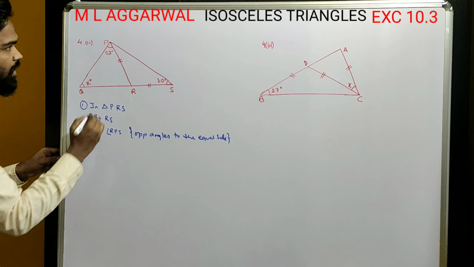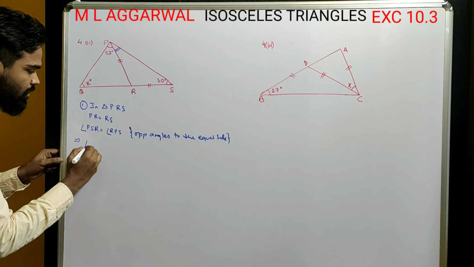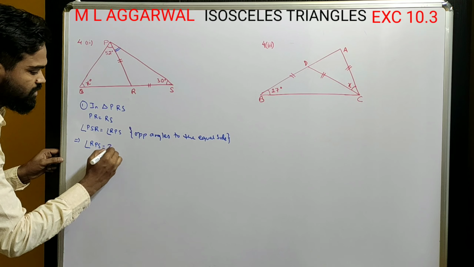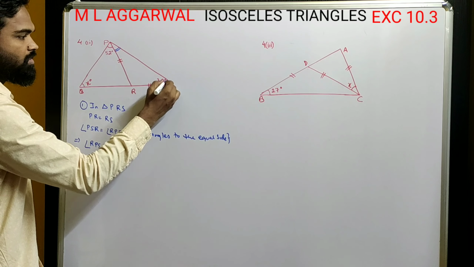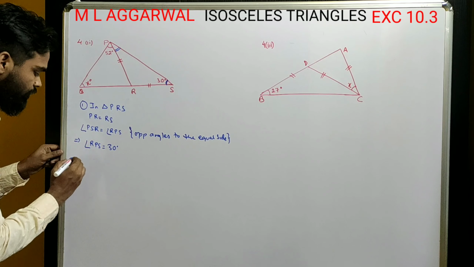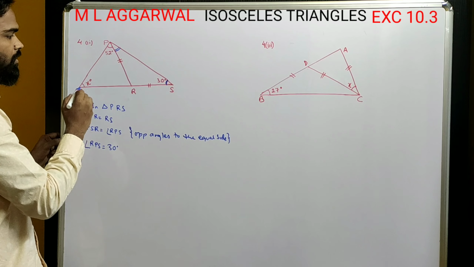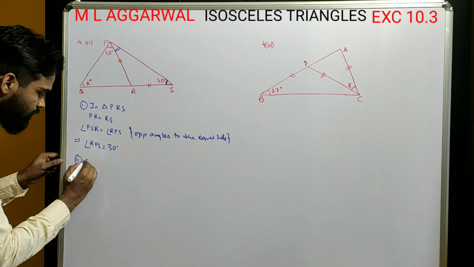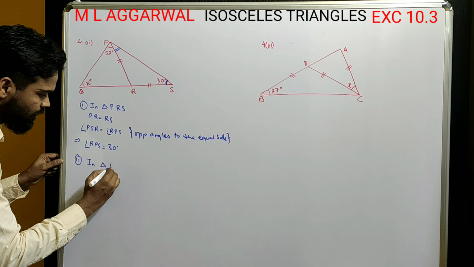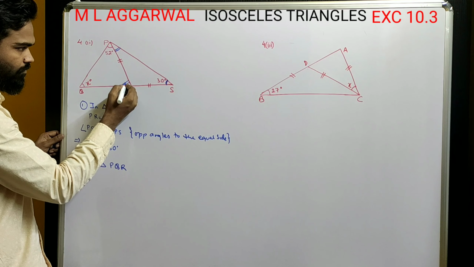So we can say that this angle, which is angle RPS, is equal to 30 degrees, which is equal to this angle. Clear? Now look carefully. We know in triangle PQR, look at this angle.